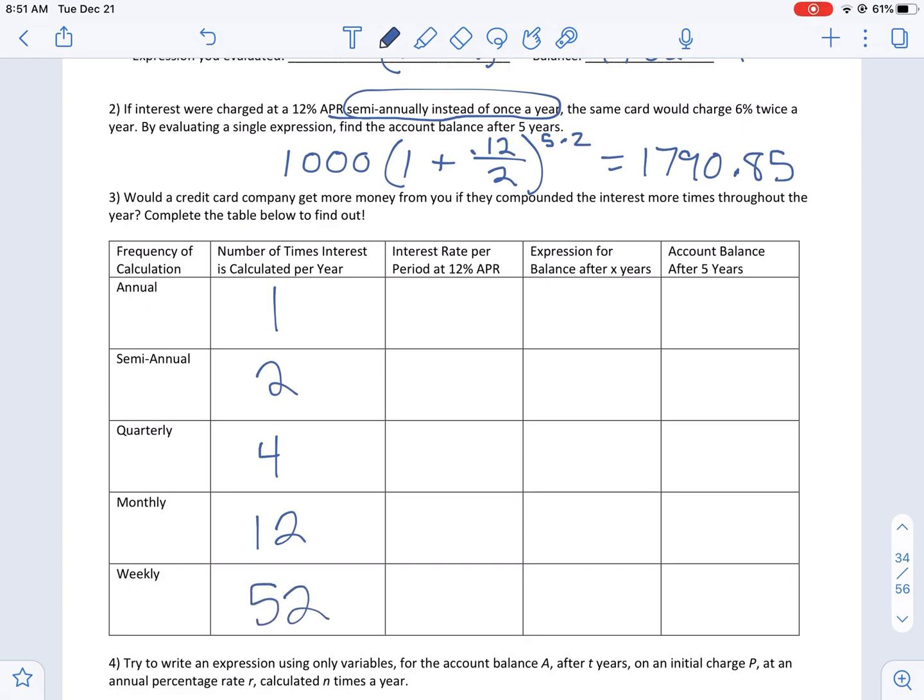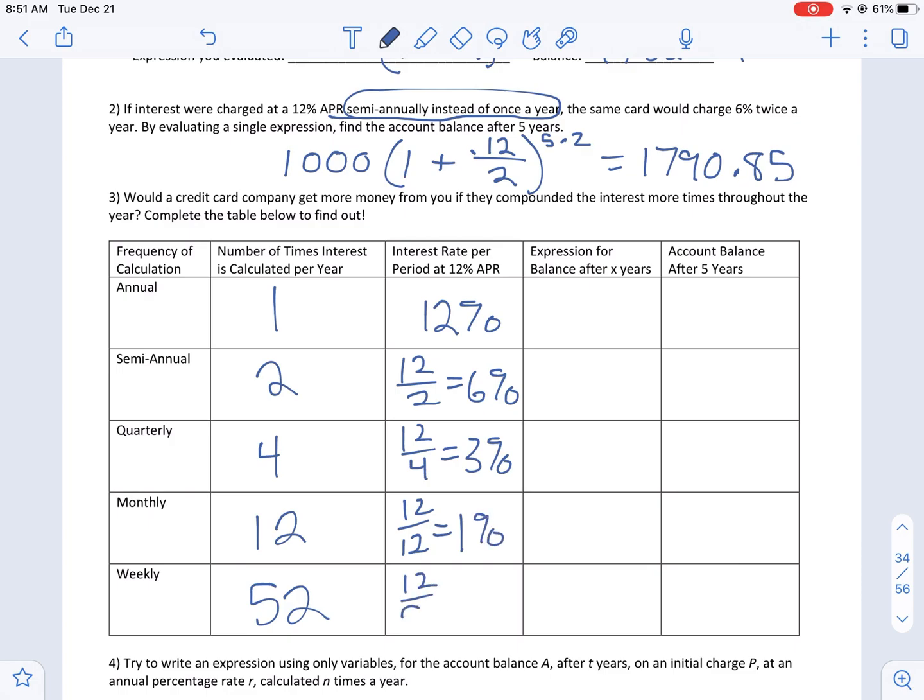So the interest rate, this would be 12%. 12 divided by 2 is 6%. 12 divided by 4 is 3%. 12 divided by 12 is 1%. And 12 divided by 52, 3 over 26, or whatever that reduces down to.